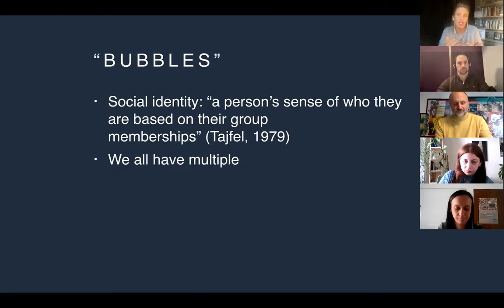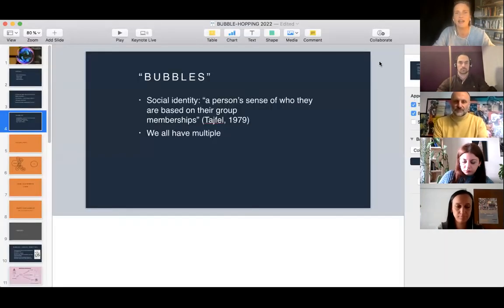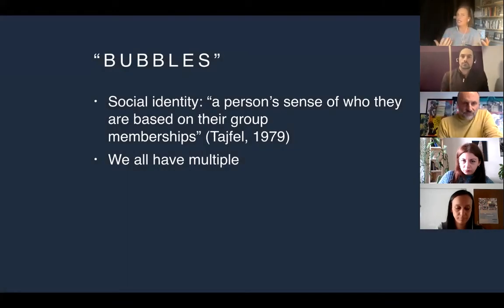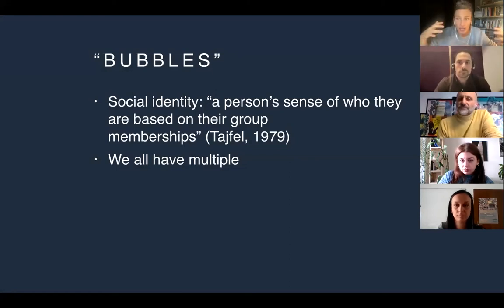And I even put up a little definition here. With social identities, I mean a person's sense of who they are based on their group membership. So it's really about the groups we identify with ourselves, and that influences a lot.